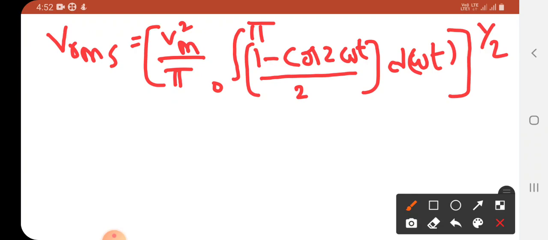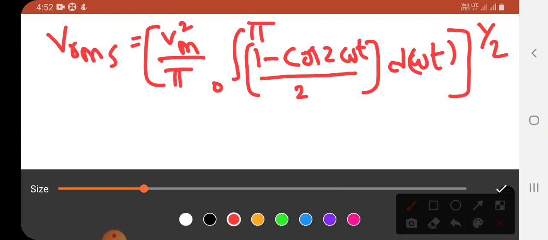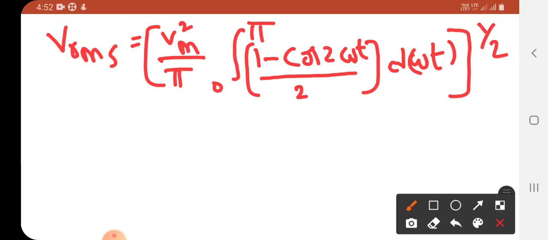So now what is the integration of 1 by 2 d of omega t?